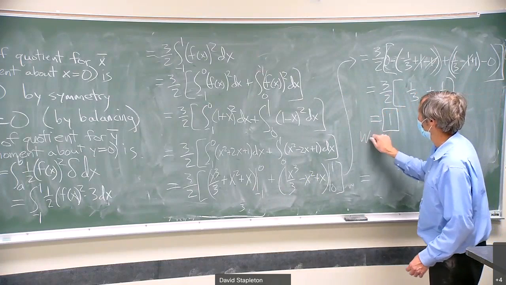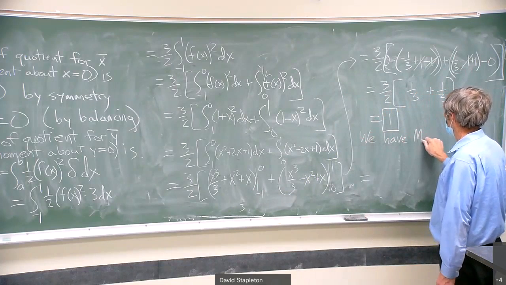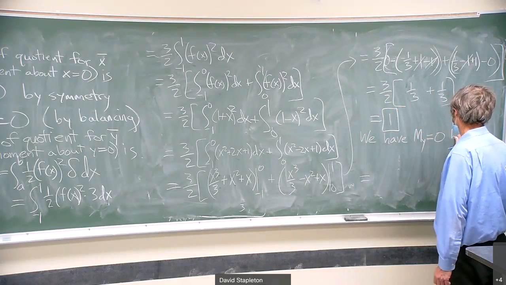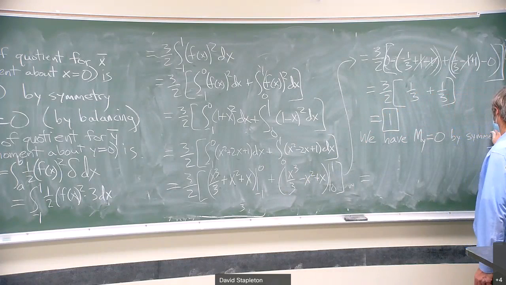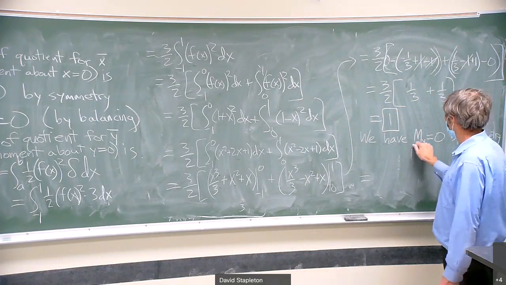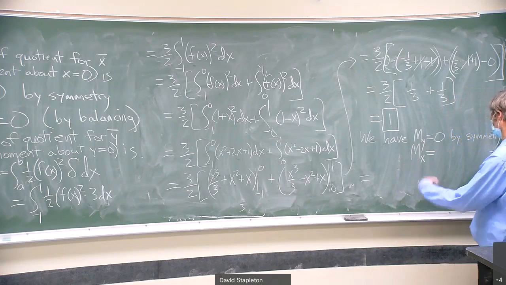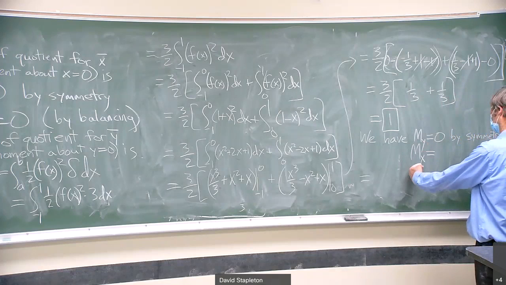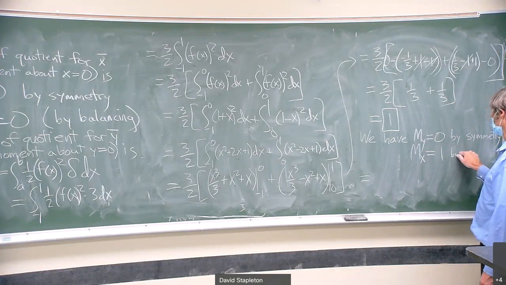So we have calculated my, the moment along the x-axis, is 0 by symmetry. And the moment along the y-axis, meaning the moment along y, meaning about the x-axis, we just computed as 1 by integration.